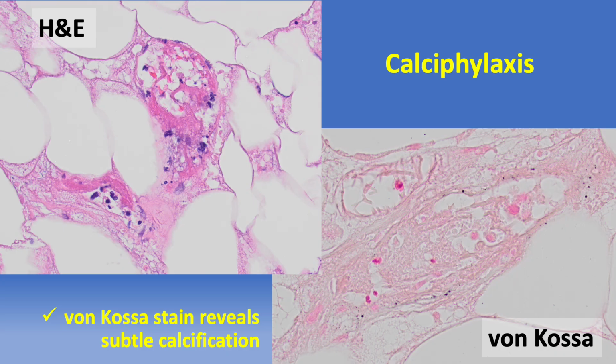In serial recut sections, one can examine small thrombosed blood vessels lacking overt calcification on H&E, but with the von Kossa stain marginally but critically enhancing the ability to identify calcification in the same thrombosed vessel.